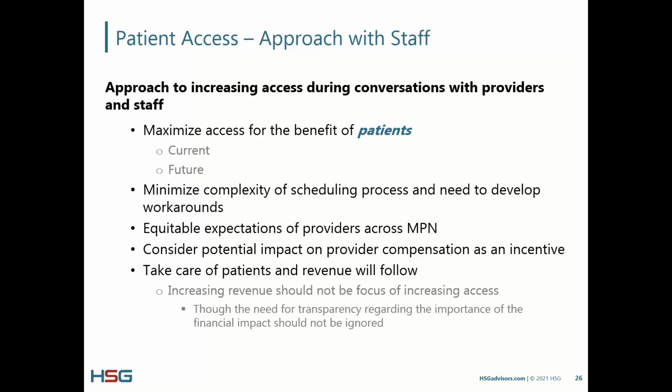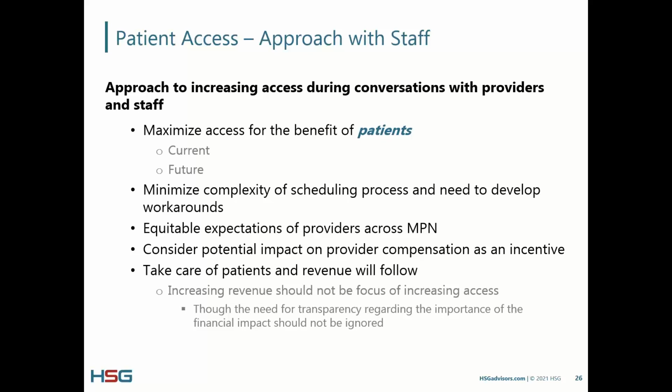We should have the same expectations for our providers, and we should approach it from a fairness perspective. It's unfair to have higher expectations of one than another and not hold the other accountable for their lesser expectations.